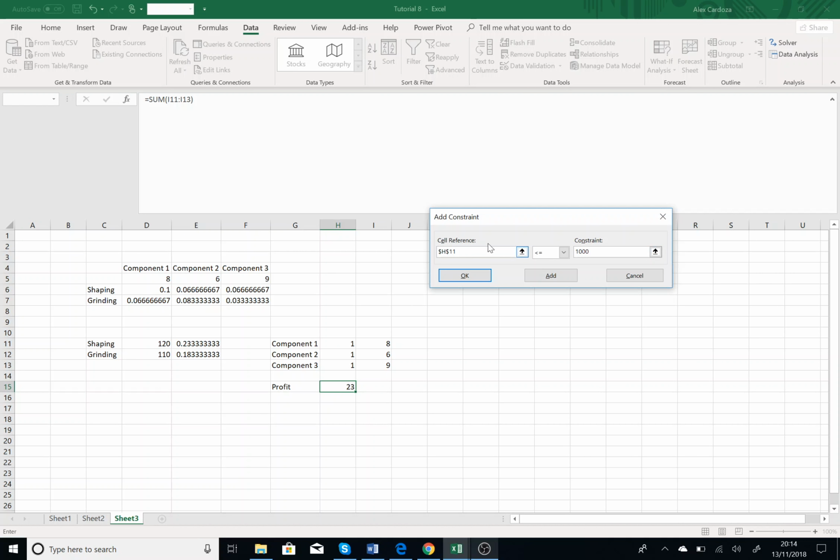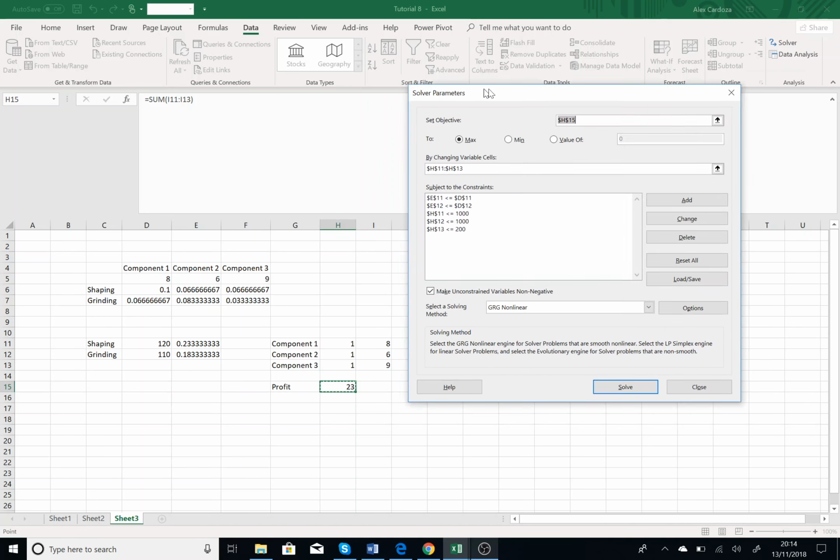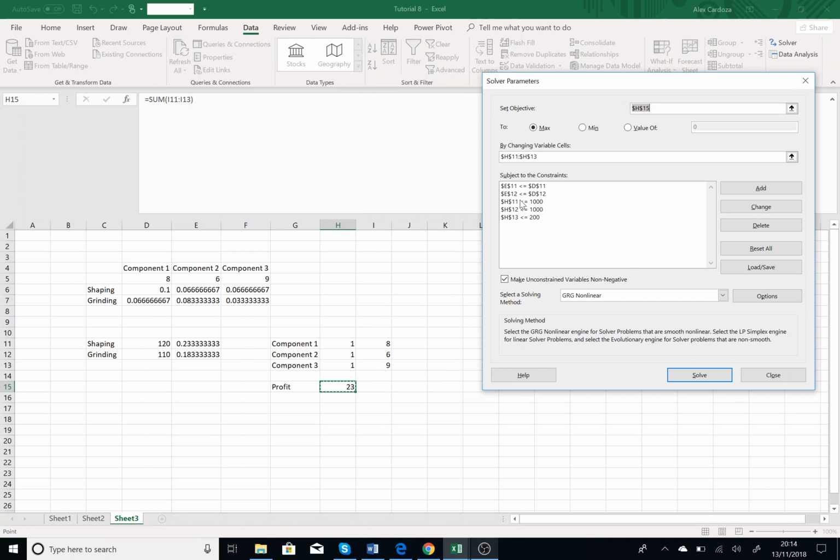Add H12 as well as 1,000. So component 1 and component 2 have 1,000 maximum. Let's look at our constraints. H11 has to be less than or equal to 1,000. H12 less than or equal to 1,000. H13 less than or equal to 200.